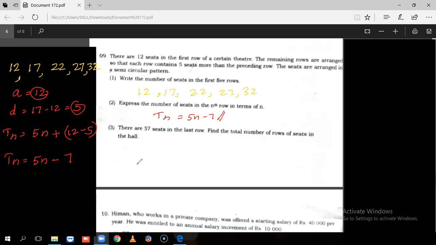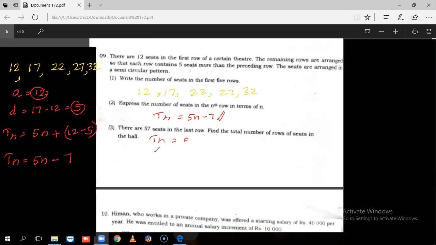There are 57 seats in the last row. Find the total number of rows of seats in the hall. 57 seats in the last row. So Tn equals 57.